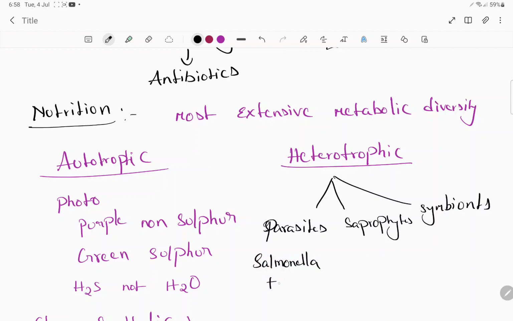Saprophytic bacteria are the decomposing bacteria. They act on animal excreta, dead plants and animals. Symbionts, for example, Rhizobium.